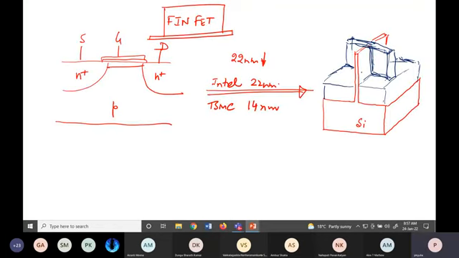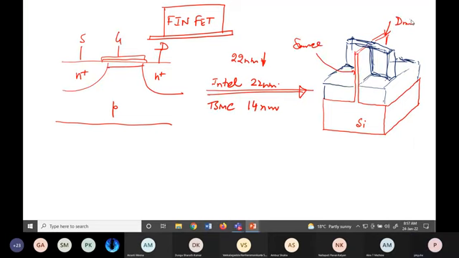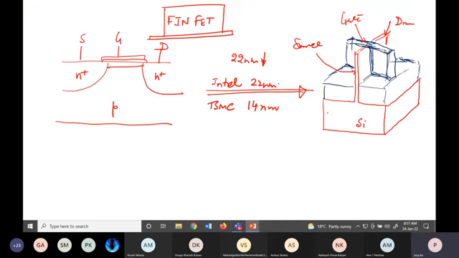So say this is my source, this is my drain, and this is my gate. Of course, this is the oxide layer.